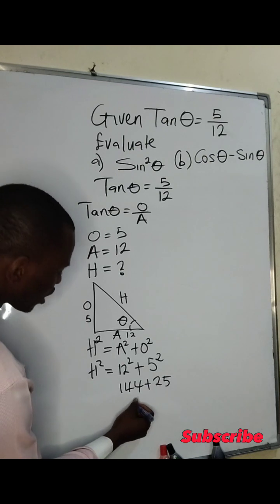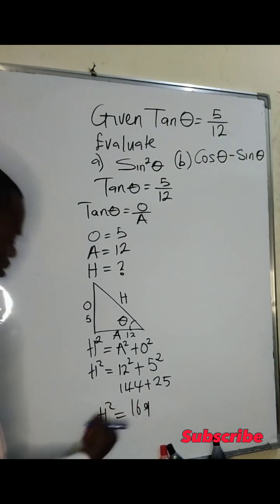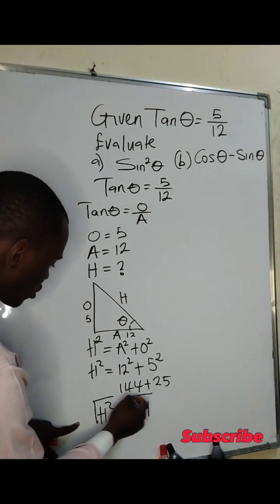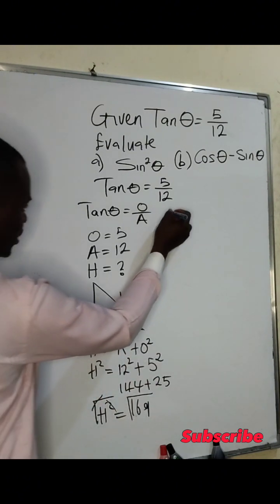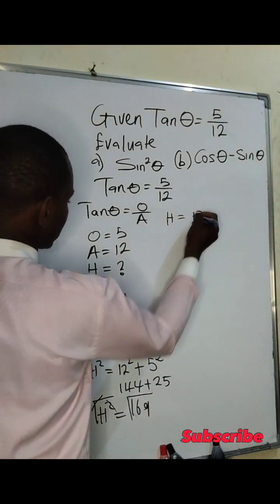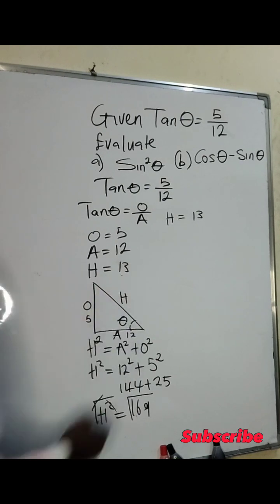Add both of them, we have 169. So h squared is 169. To get the value of h, we take the square root of both sides. Square root cancels square. So I will have my h, square root of 169 will give me 13. So the third part of this right angle triangle is 13.